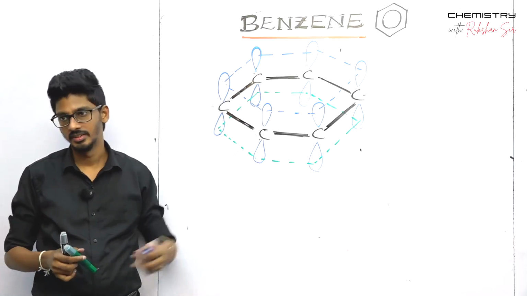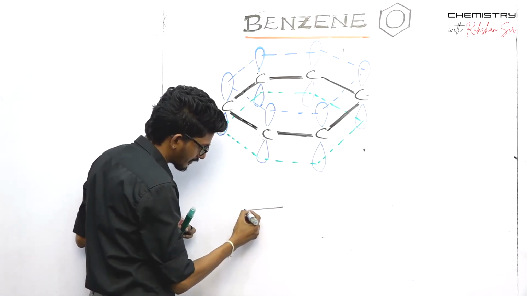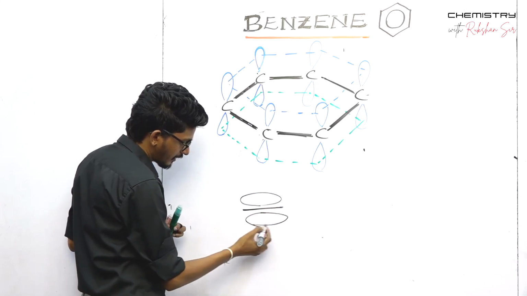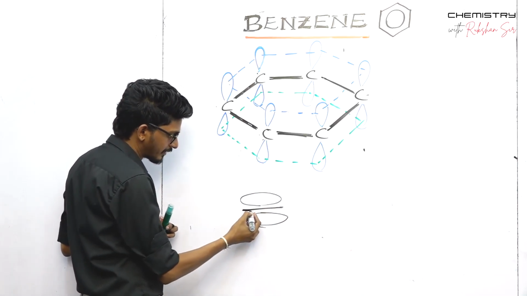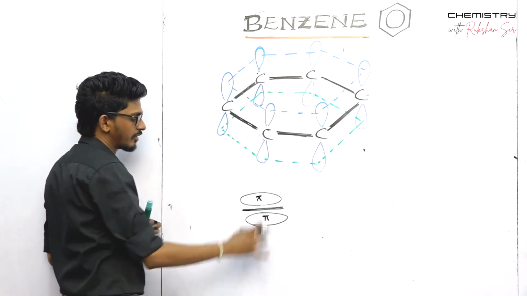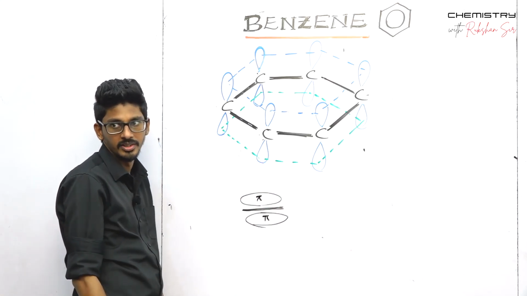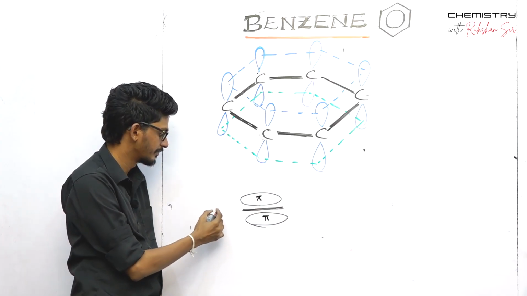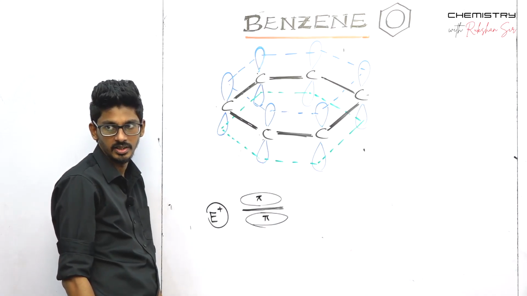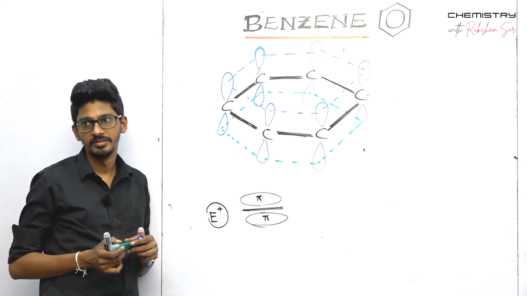If you see it like that, you have one single plane of carbons and hydrogens, and from the top and the bottom you have the electron cloud. Some electron-rich nature is there from the top and bottom of the plane, so that the electrophiles will clearly attack the benzene from the top and the bottom of the plane. So that is the 3D structure of benzene.